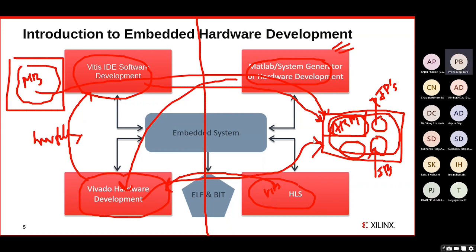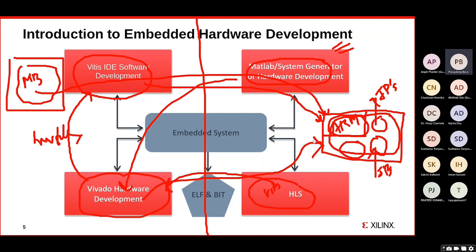Right? And here the idea is, what are the things that we'll be using to develop the embedded systems? What are the tool ways? So we know about the hardware, that SoC that we'll be using, that will be ARM plus FPGA. But what tools will I be using for the embedded development? I'll be using Vivado to create the hardware mainly. I'll be using other tools also like System Generator and HLS to create certain synthesizable cores.